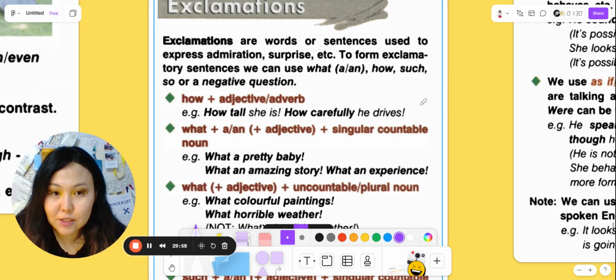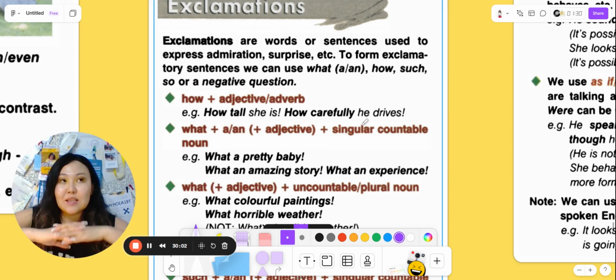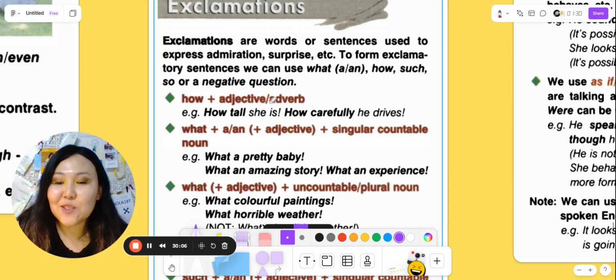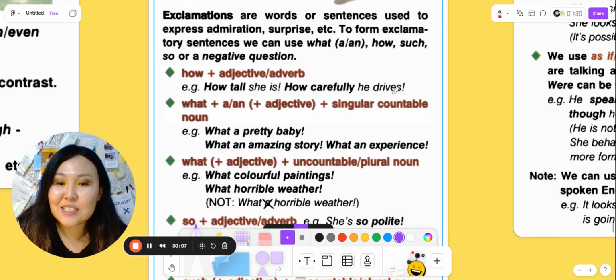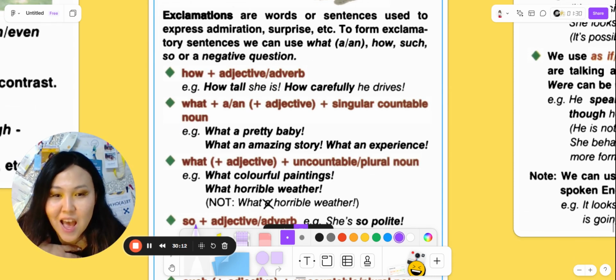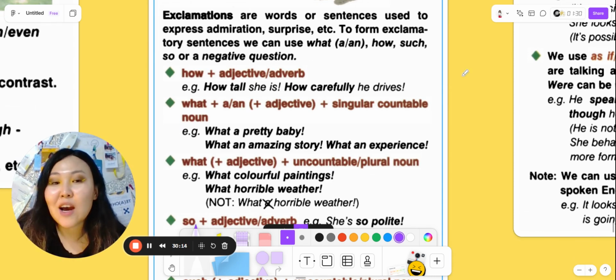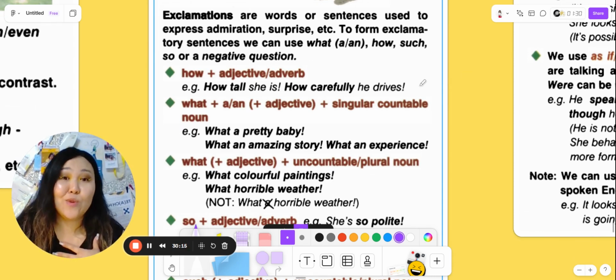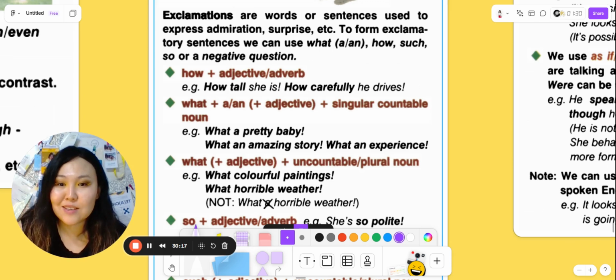Let's look at examples. So here we see exclamatory sentences, and it means that we're like happy about something, like wow. The first one, how plus adjective or adverb. How tall she is, how carefully he drives, and we are surprised, we're wondering.